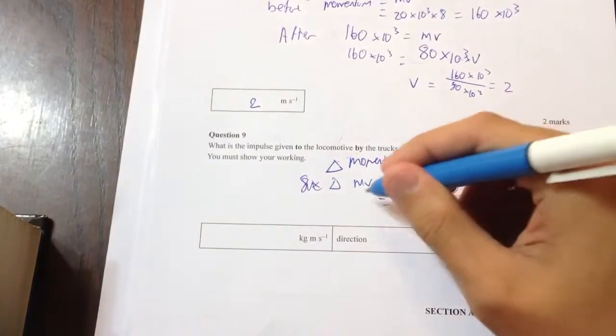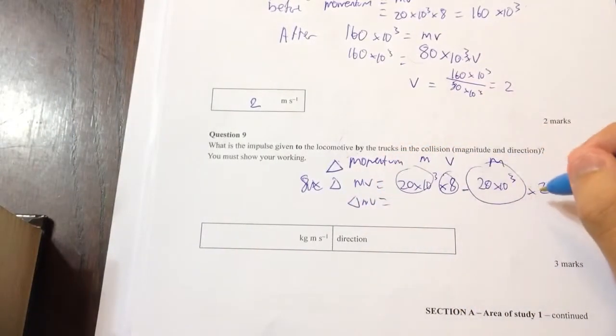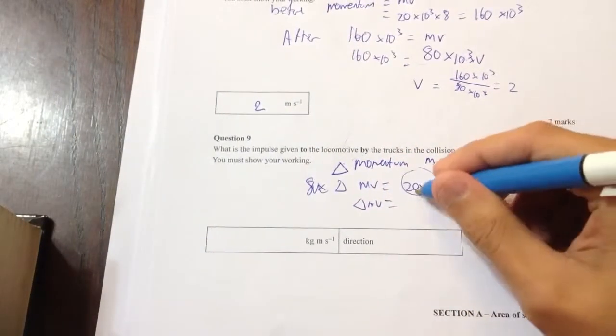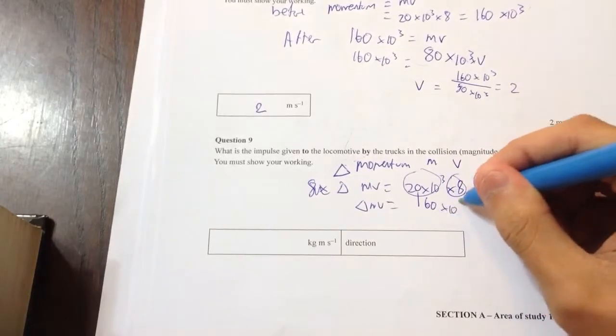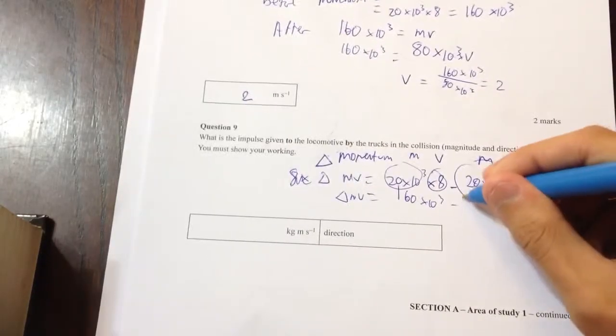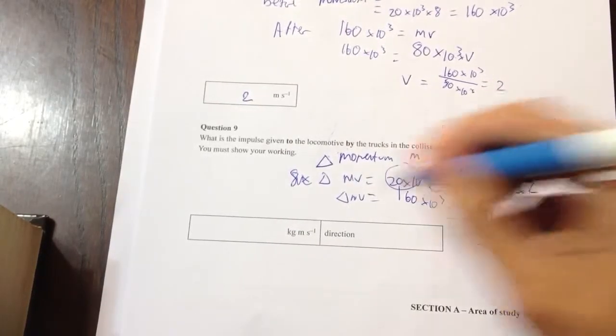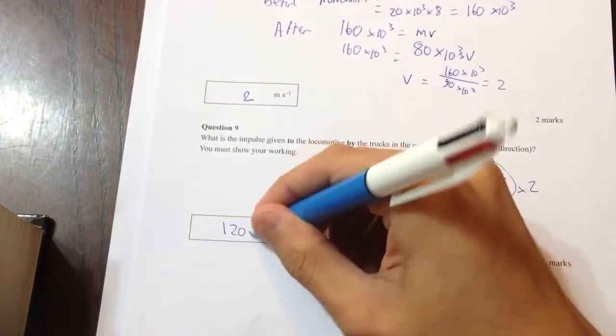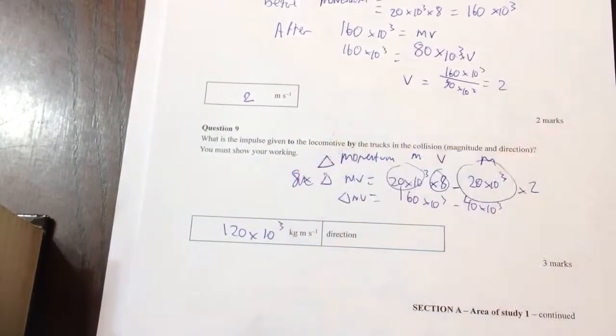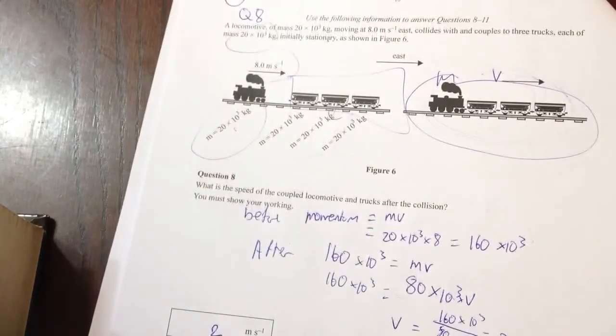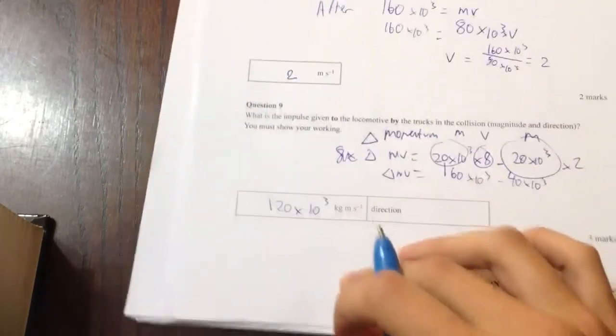So the answer is 160 times 10 to the 3 minus 40 times 10 to the 3, which is 120 times 10 to the 3. I feel like it was 10 to the 4. No, 10 to the 3, lucky. Now, which direction?